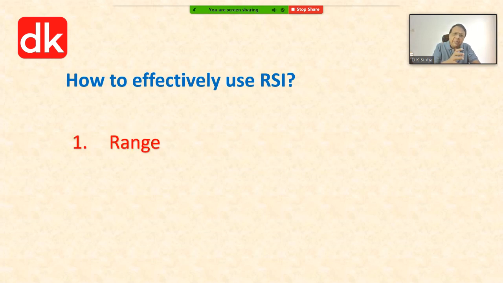What are the parameters that we should focus on when we study the RSI after having done the price volume analysis? First is the range of RSI over the period, in terms of its value, because we all know it is an oscillator that oscillates from 0 to 100. We have understood the formula used to arrive at the value of RSI in the last episode, that is part 1 of RSI.